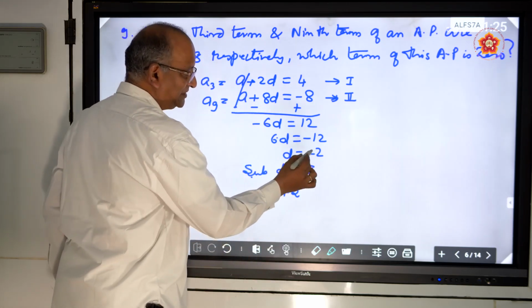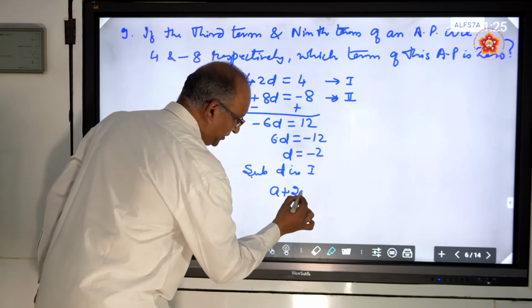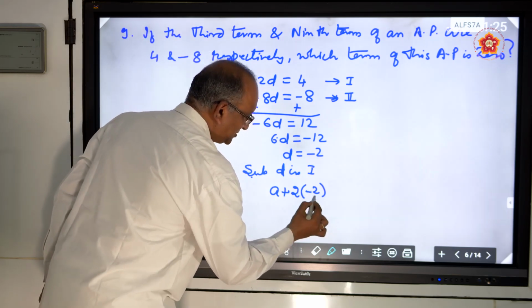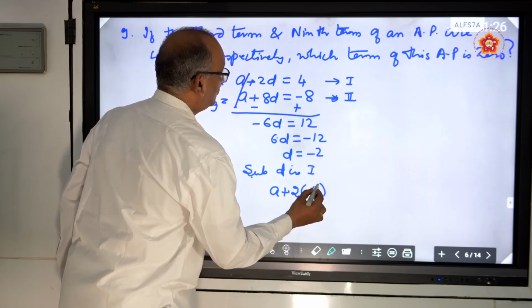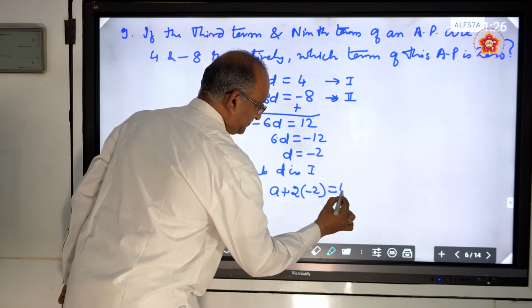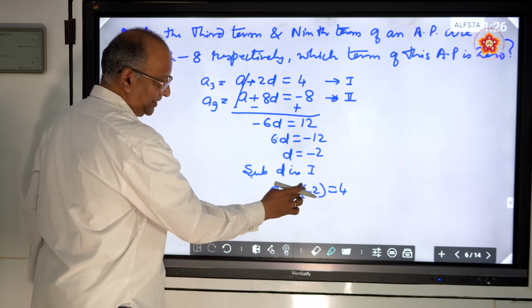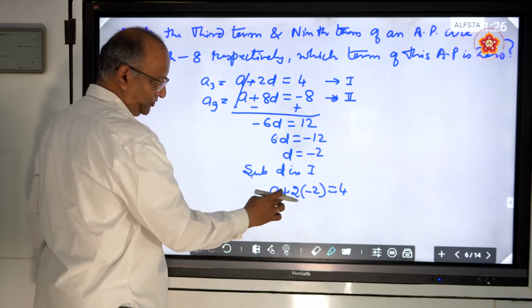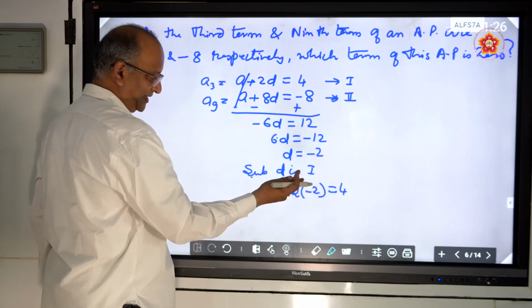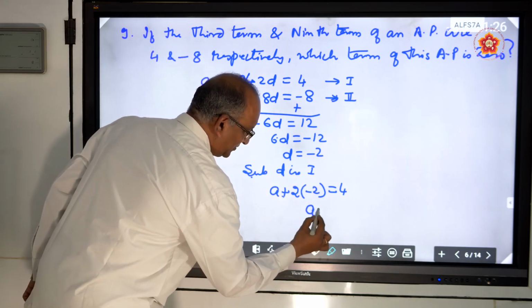Because the d value is negative, don't write directly, put it in a bracket. Minus 2 equal to 4. 2 into minus 2, plus into minus is minus, 2 into 2 is 4, so it is minus 4. Take it to the other side, you will get a equal to 8.